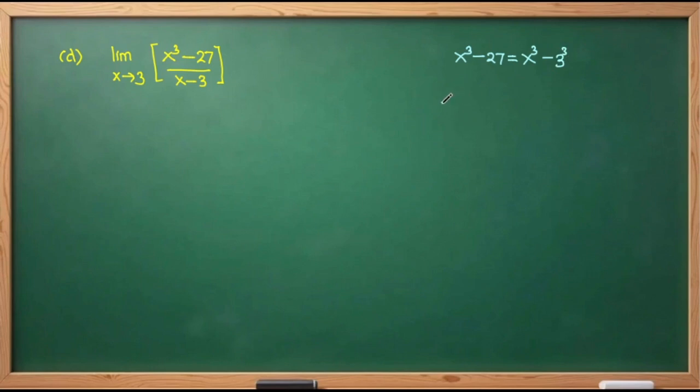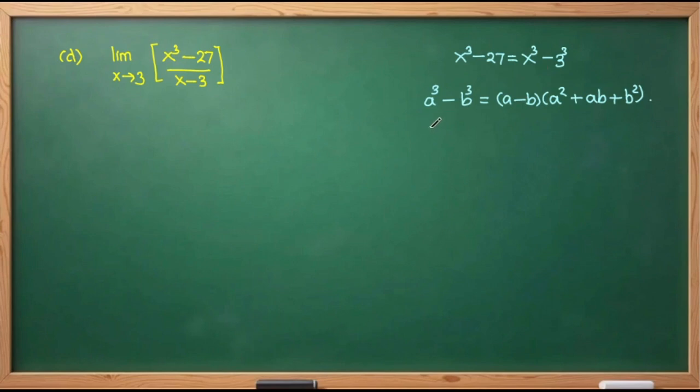Now let's go into this formula, which says if you have a value like a cubed minus b cubed, this can be the same as a minus b times a squared plus ab plus b squared.